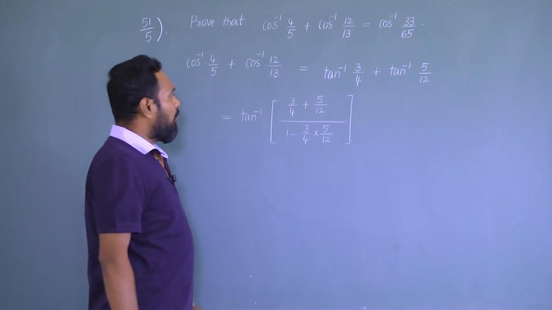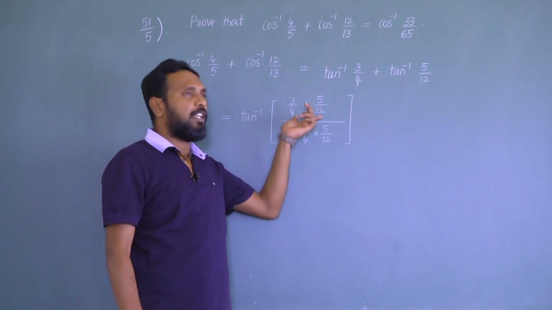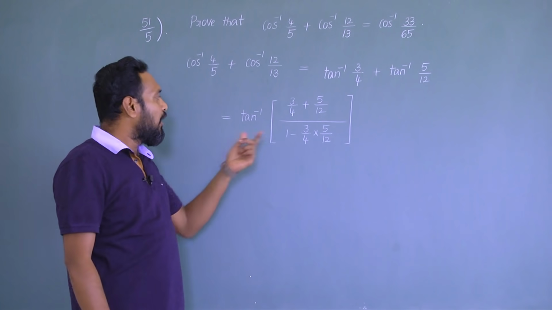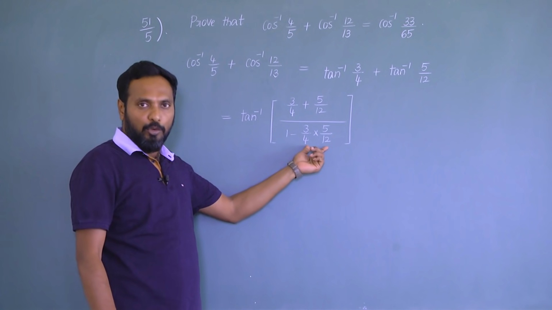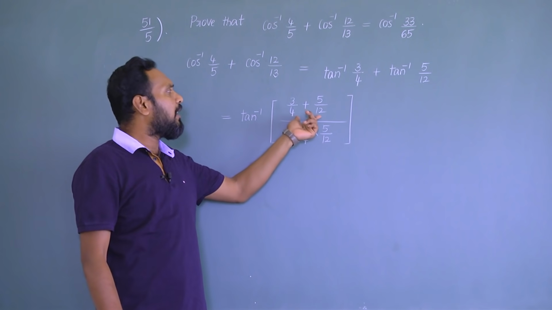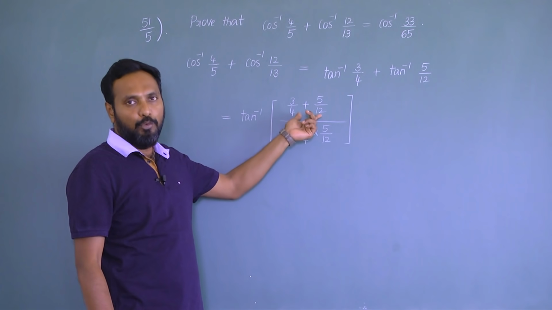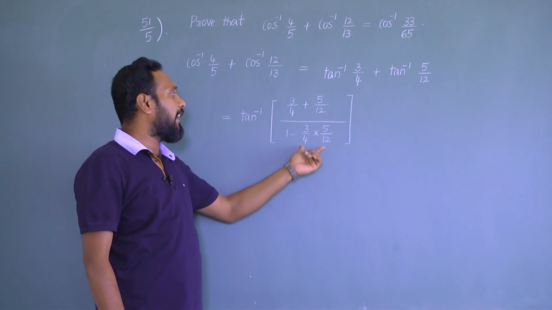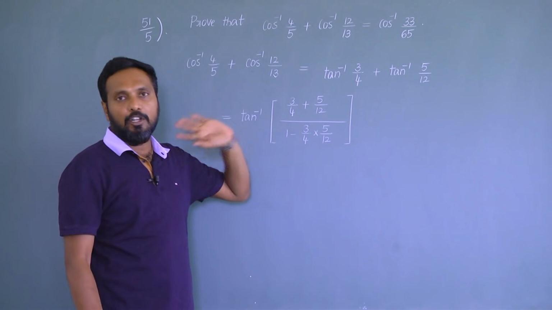The LCM of 4 and 12 is 12, but for my convenience, I am taking 12 into 4, 48, so that I can cancel that 48 in both numerator and denominator terms.